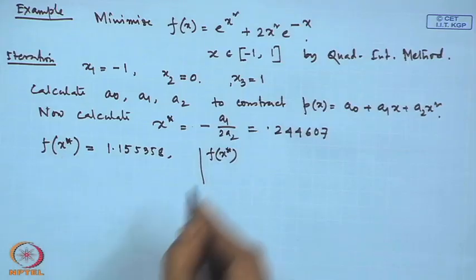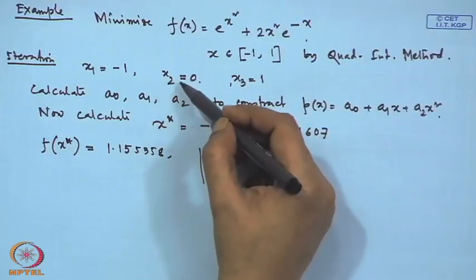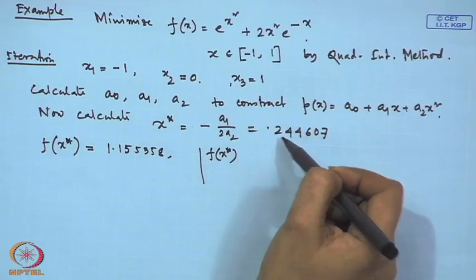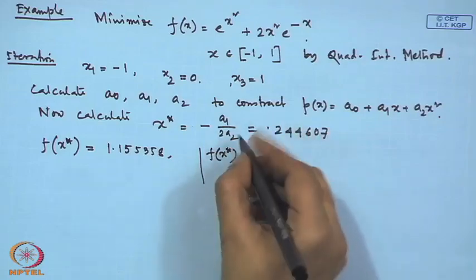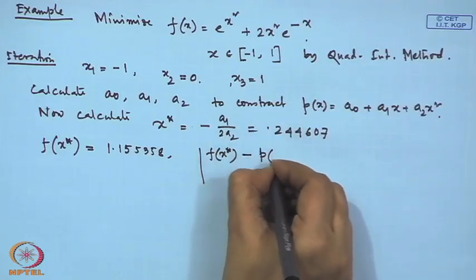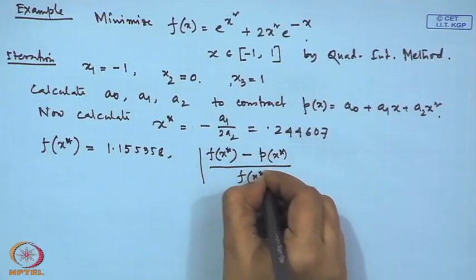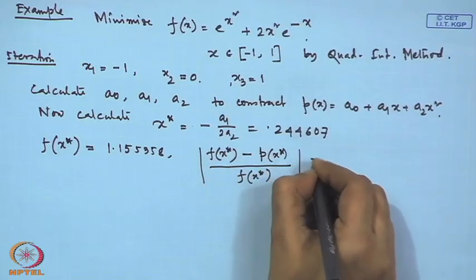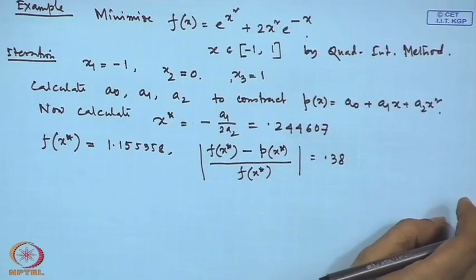Or another check, as I said, we will check the difference between x star and x2. We see the difference is 0.244, which is very high, so we cannot stop. We can check another way as well, as I was discussing, and this value is coming as 0.38. This is also quite high. That is why we should not stop here.